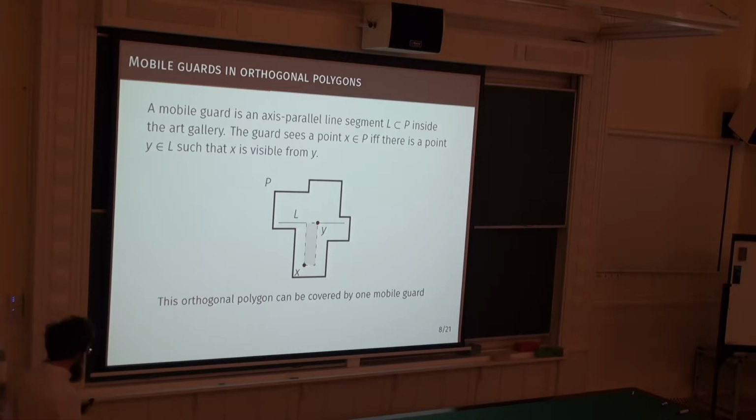So you can think of this as if the guard was patrolling the line. It's not a problem if a point is not seen by any of the guards at a certain point of time. We only require that there is a time point for each point of the gallery when one of the guards sees it. So this orthogonal polygon can actually be covered by one mobile guard, even with rectangular vision.